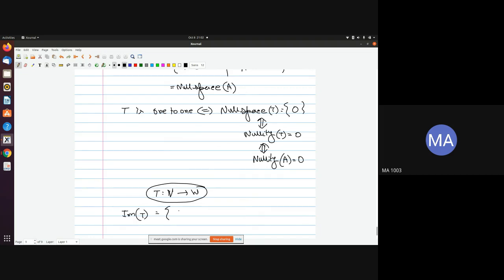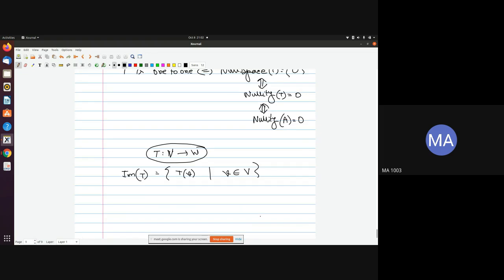The image of T means all the T(v) such that v belongs to V. All the outputs, correct? My question is, is this a subspace? What is the first condition? Does 0 belong to here?